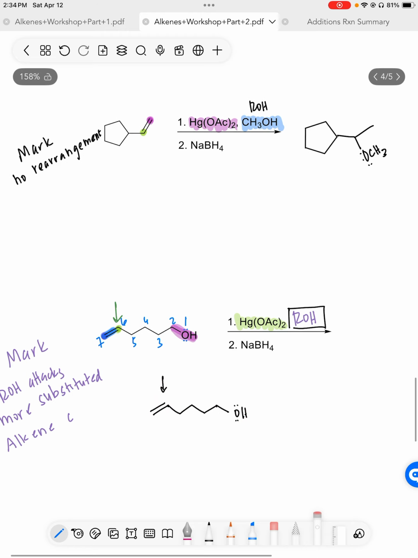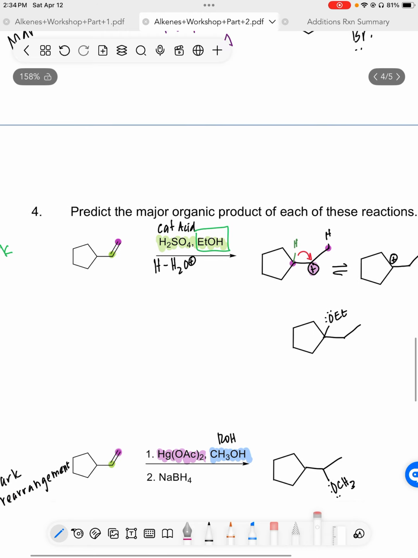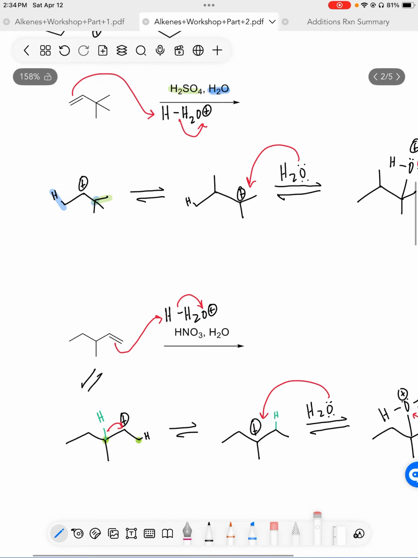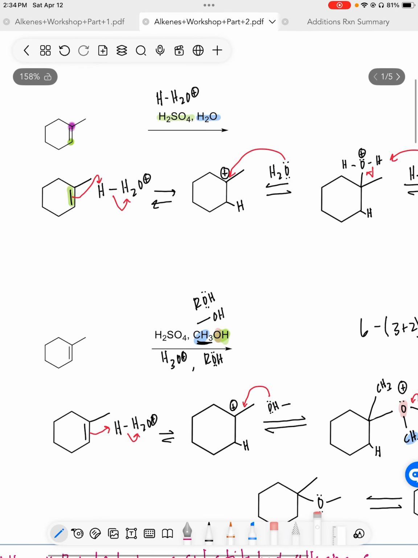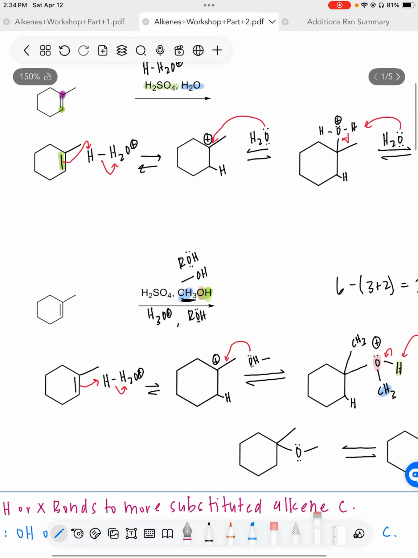When we do this, let's go back up to this guy right here. So remember that the catalytic acid was the one that attacked the alkene electrons, right? And that's the same thing with our oxymercuration, demercuration.